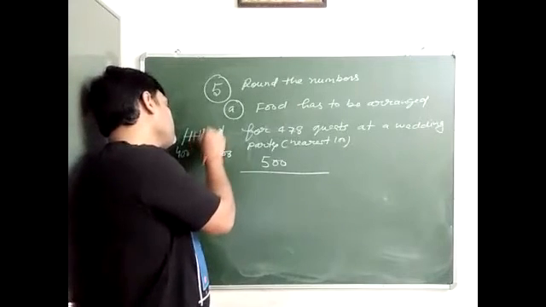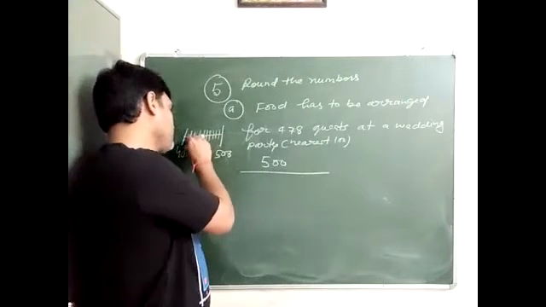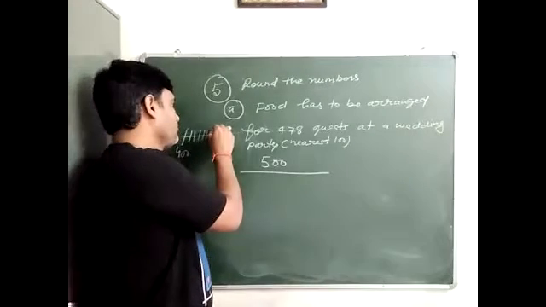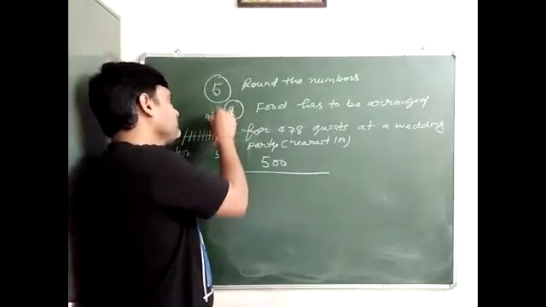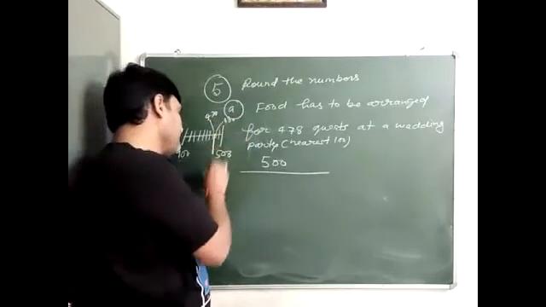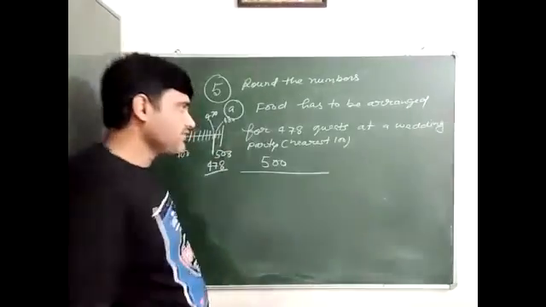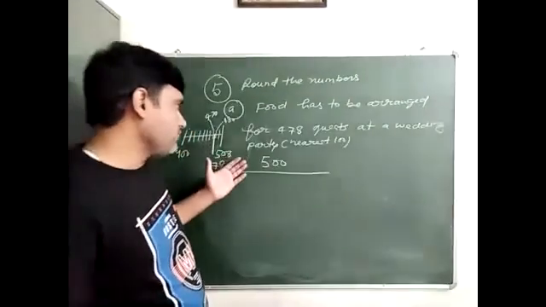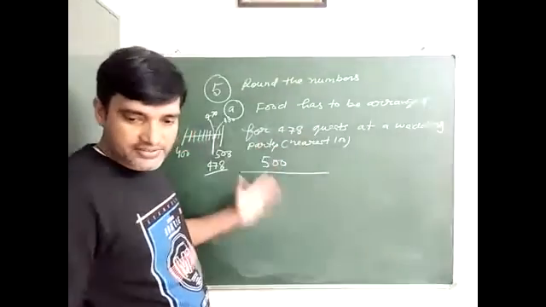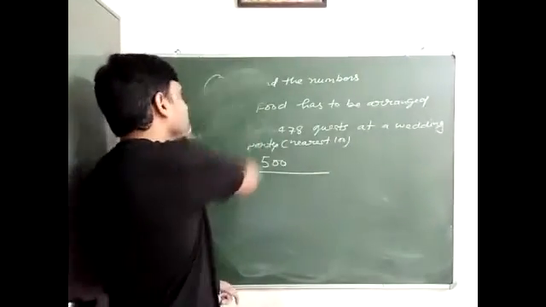Here you see 470 and 480. 478 lies here and it is nearer to 500. Now when we round off 478 to nearest 100, we get 500. Understand? Now next question.